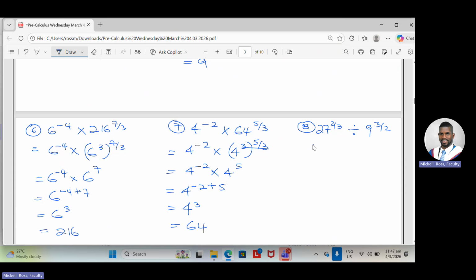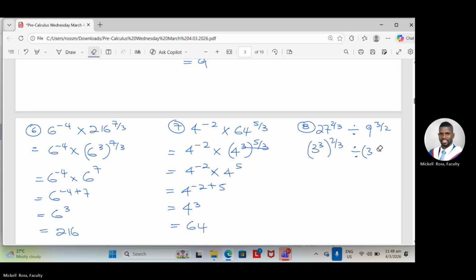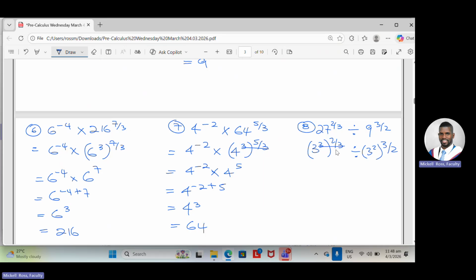So 27 is the same thing as 3 cubed raised to the 2/3, divided by 9. Another way of writing 9 is 3 squared, and then 3/2. The 3's will cancel, the 2's will cancel.